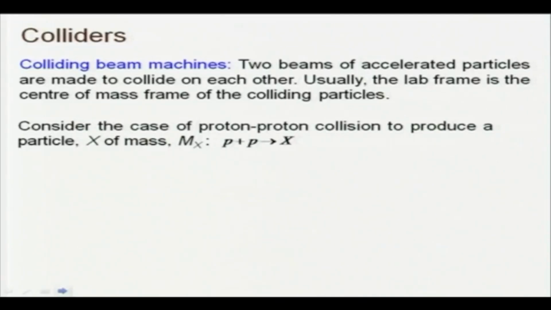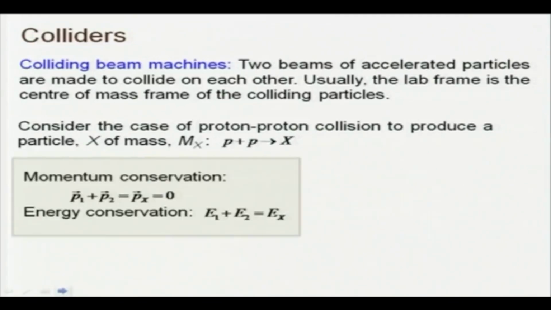Again, consider a particle of mass Mx produced in a pp collision. Now, in this case, both the particles have initial momentum p1 and p2, and because of the momentum conservation, if we consider p1 to be minus p2, if they are moving opposite to each other, then you have Px equal to 0.